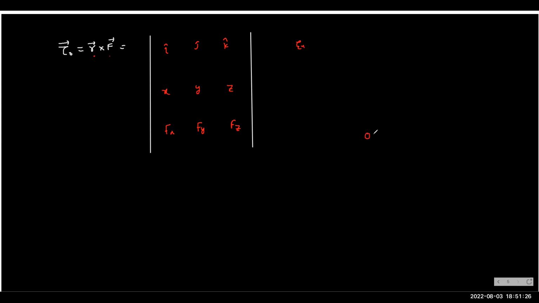So let's say there's a point O in space. There's a point P. So O is the origin. Let's say the coordinate of O is 0, 0, 0. The point P is the point of application of force that I will draw later on, having coordinate 3, 2, 1.